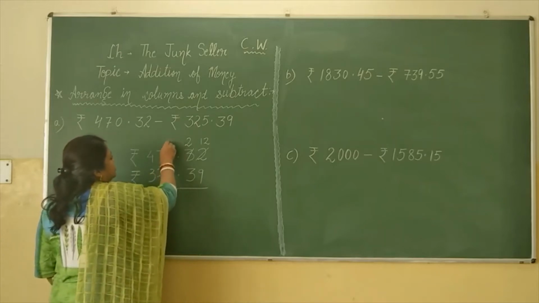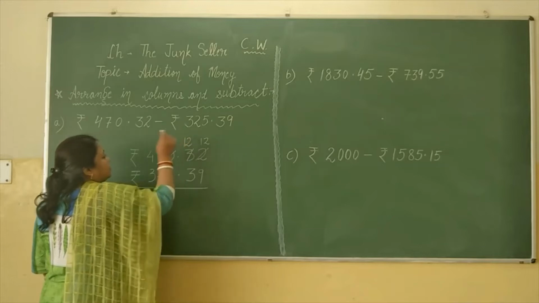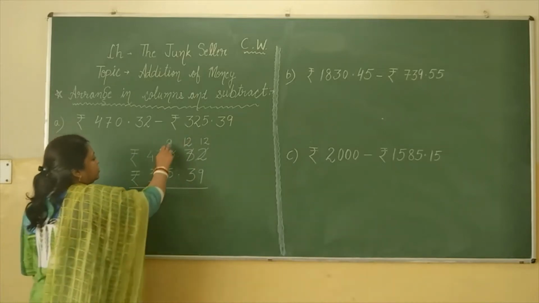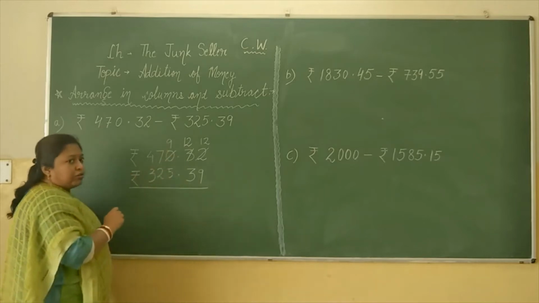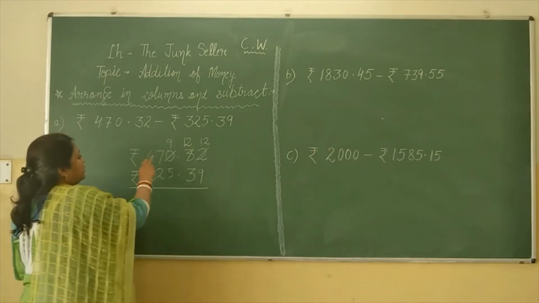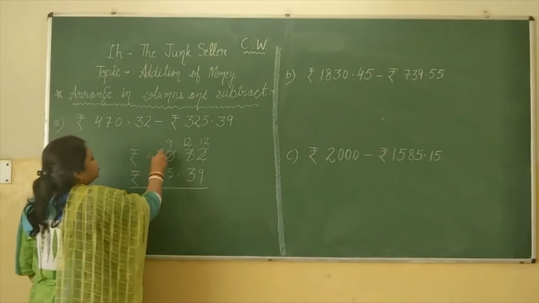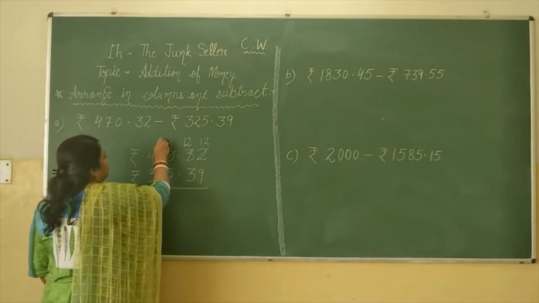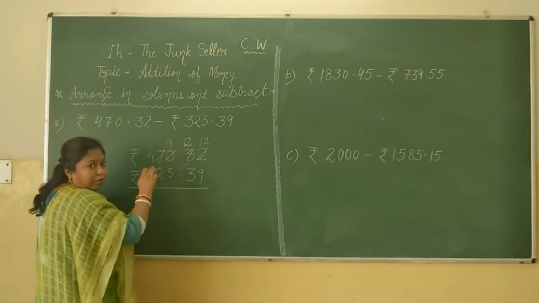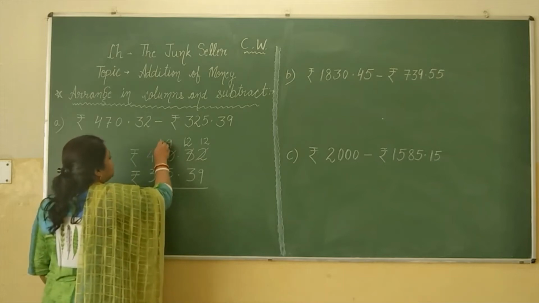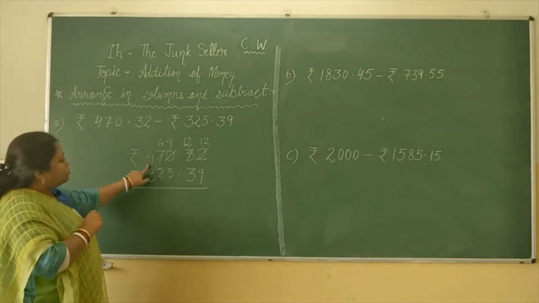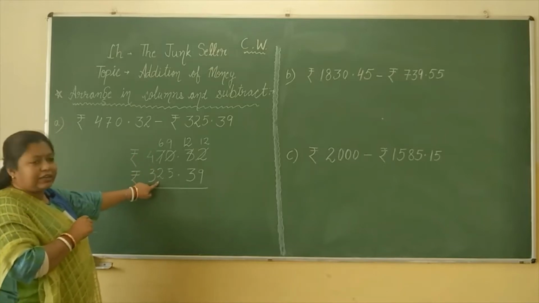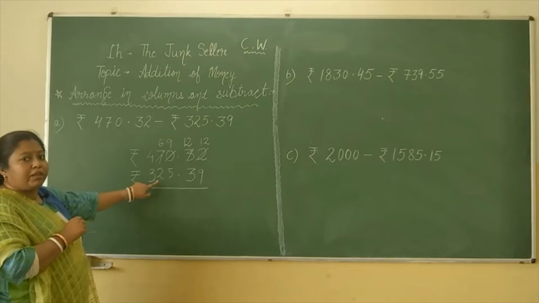So 0 becomes 9 and 2 becomes 12. Again here we see that 9 is greater than 5, but here we have taken a carry. So from where have we taken the carry? We have taken the borrow from 7. So 7 becomes 6 here. Now we don't have to borrow anything because 6 is greater than 2, so we can easily subtract 2 from 6.